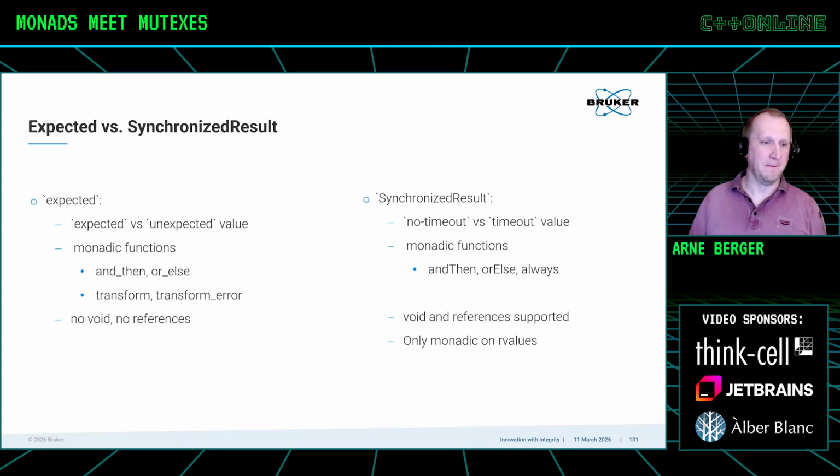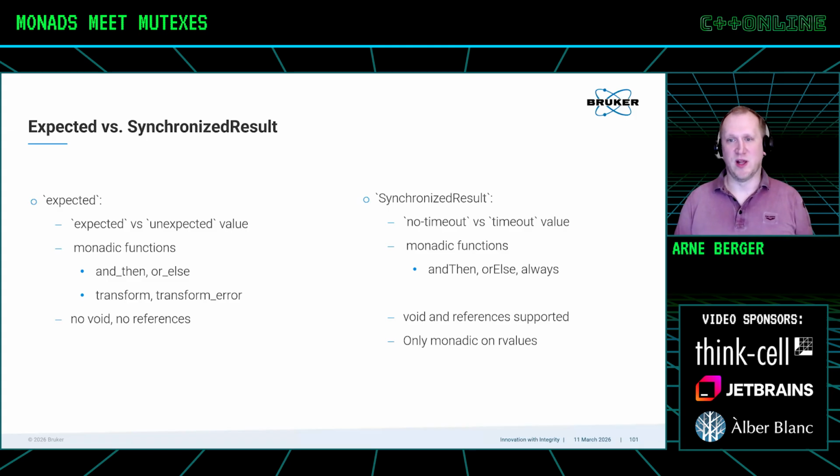I didn't see so far something escaping someone doing that. So that's something that for me somehow doesn't make it possible to use expected in an easy way directly as a replacement for the synchronized result.